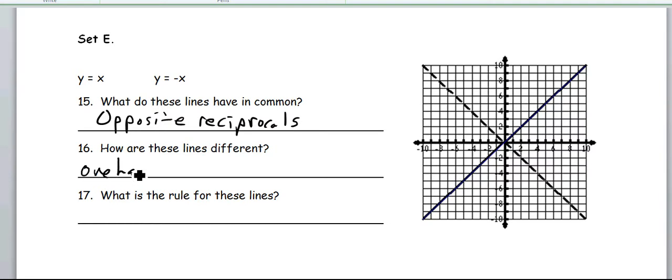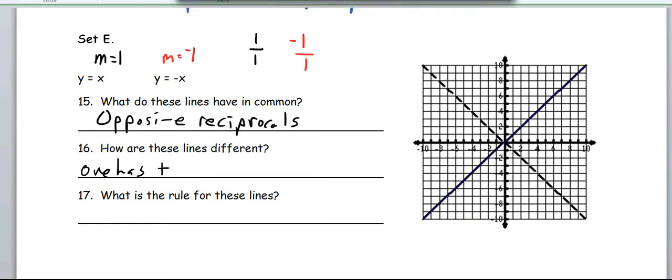One has a positive slope and one has negative slope. What is the rule for these?